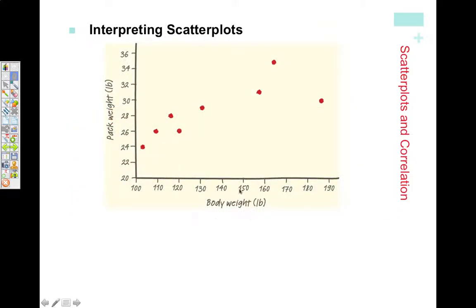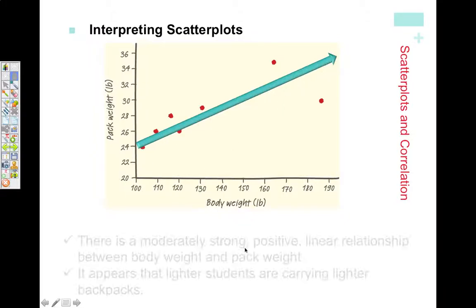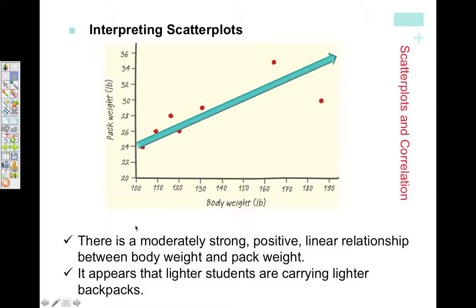We've seen those before. So here we have our scatter plot for pack weight and body weight. There's the basic overall trend. It looks like it's going up. There is a moderately strong positive linear relationship between body weight and pack weight. What that means is that it appears lighter students carry lighter backpacks, and consequently heavier students carry heavier backpacks overall.